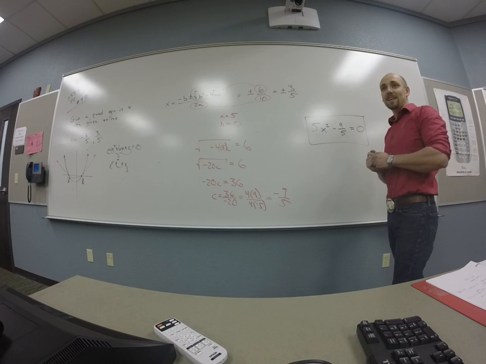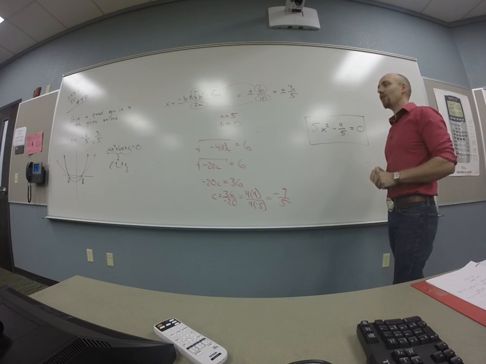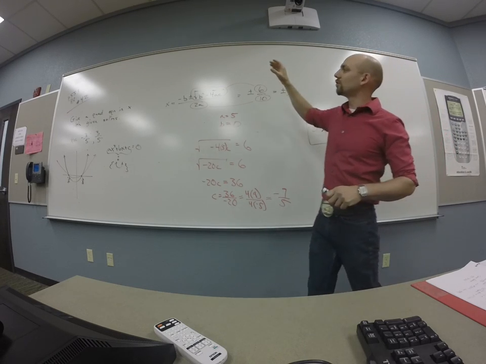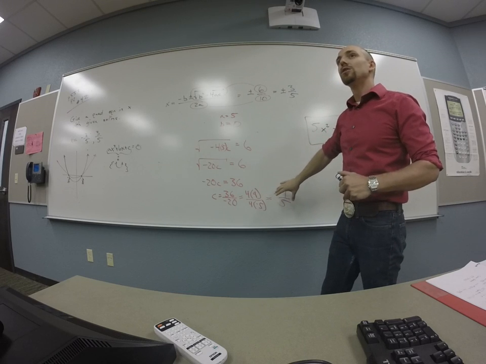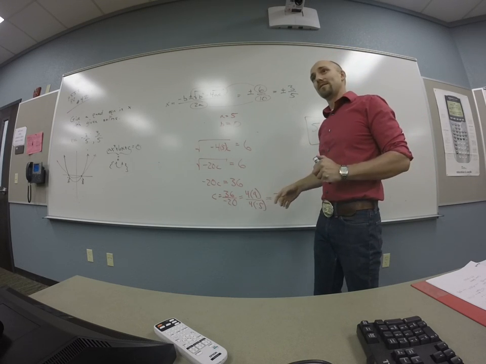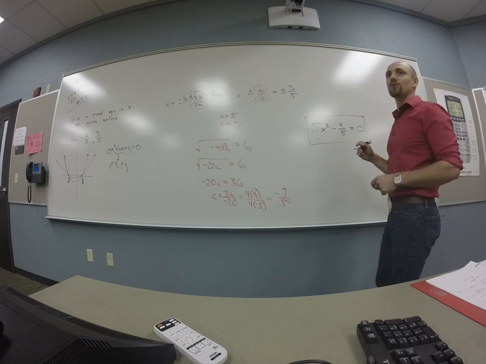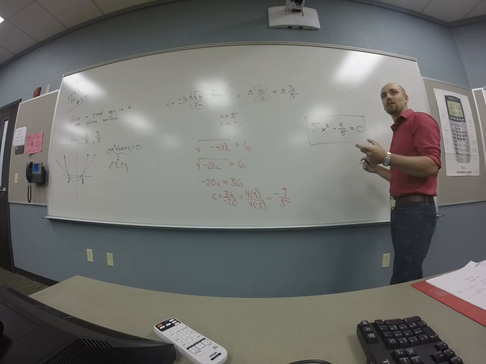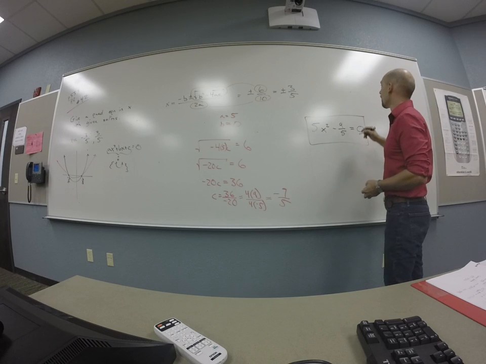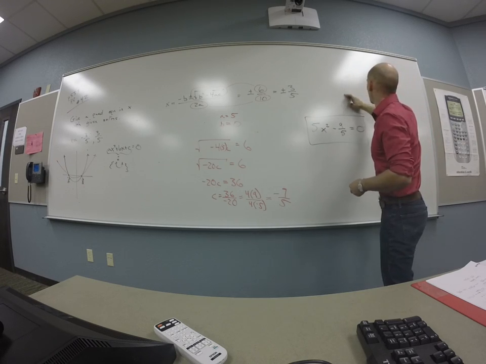Okay, you want to see the easier way? Yeah, please. Okay, so the easier way is, instead of trying to use the quadratic formula, use the zero product rule. The zero product rule says that a product is 0 if one of the factors is 0.